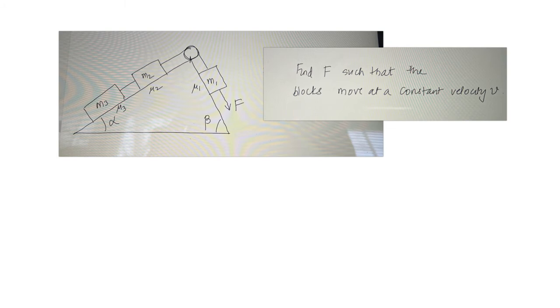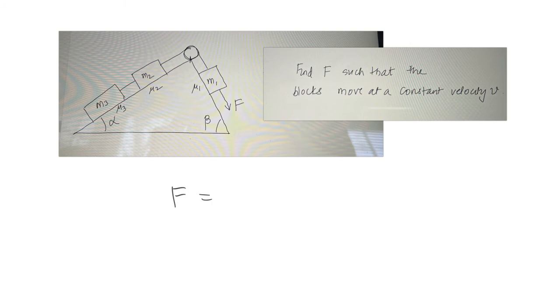Okay, so we're finding F such that the blocks move at a constant velocity. Well, you know the blocks are moving at a constant velocity when this force is equal to the total kinetic friction of the three boxes.